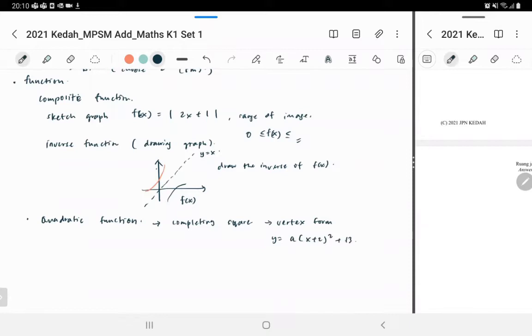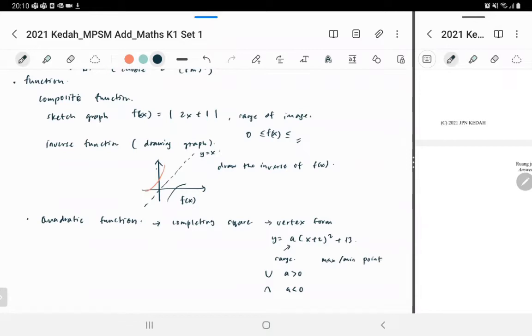And then the question might ask you about the range of a. If it is U-shaped, then a shall be more than 0. If it is N-shaped, then a shall be less than 0. Then you will need to know how to read the coordinates of the maximum or minimum point.